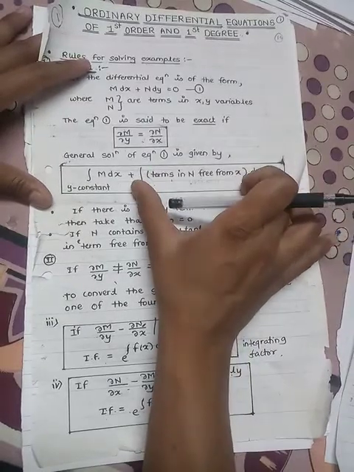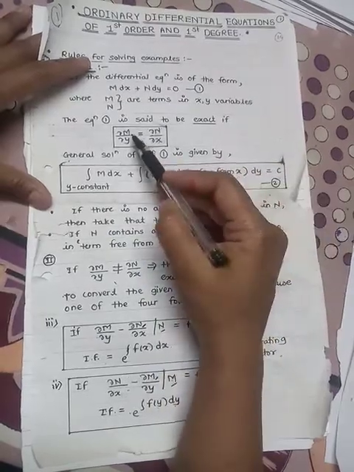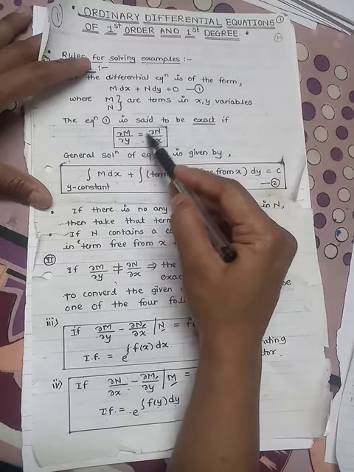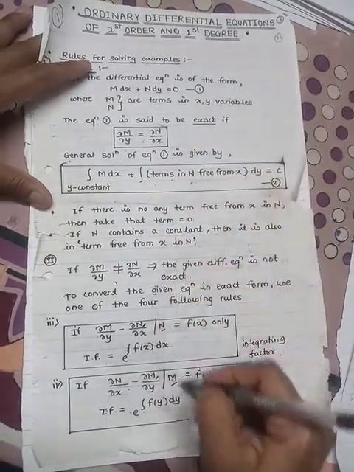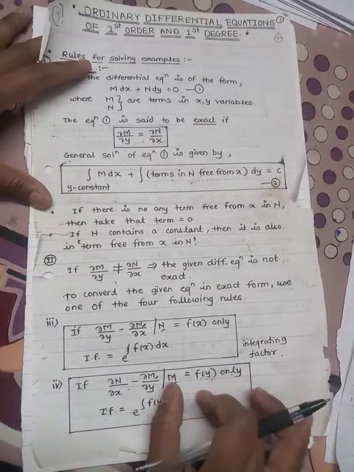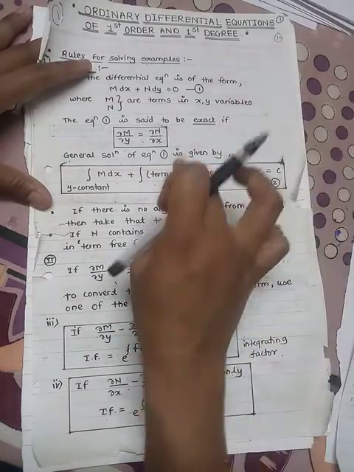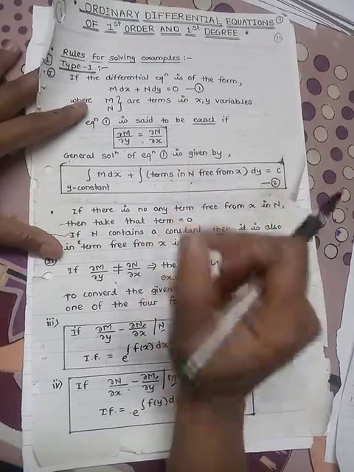This formula is only for those differential equations in which we get M y equal to N x. Then only you can use this formula. Otherwise, we have to use the rest of the four formulae for finding the integrating factor first, and then by this formula we can find the solution of the differential equation.